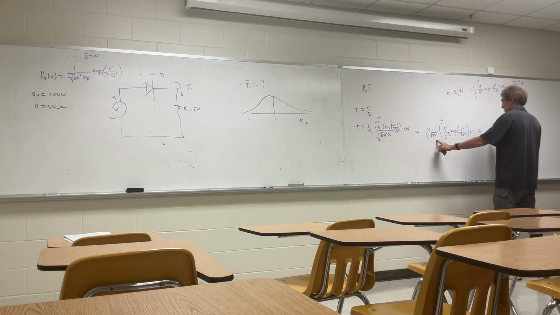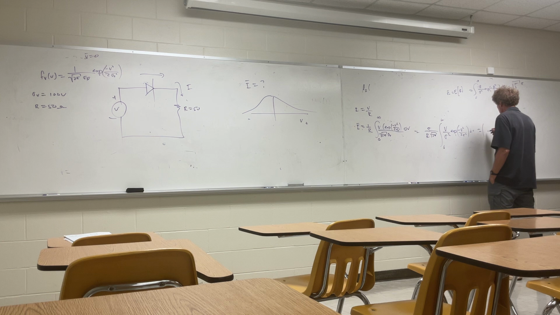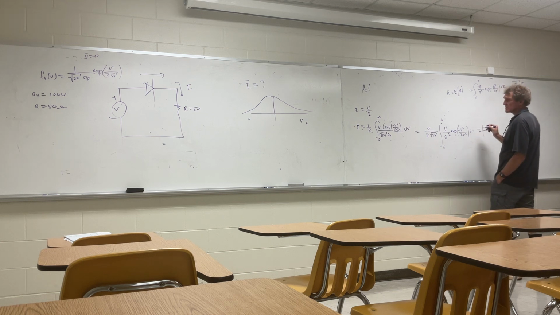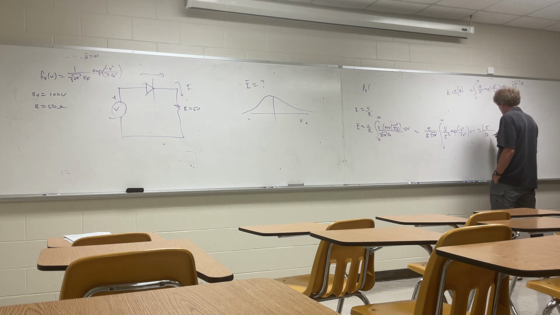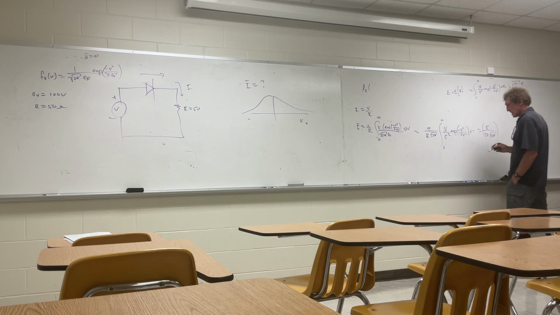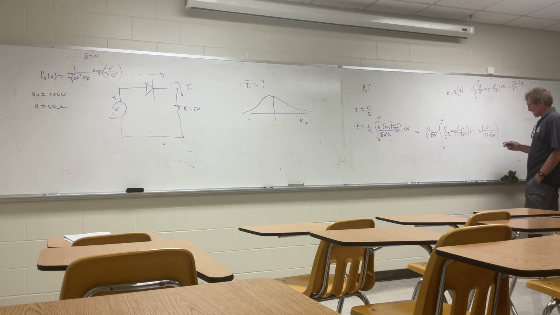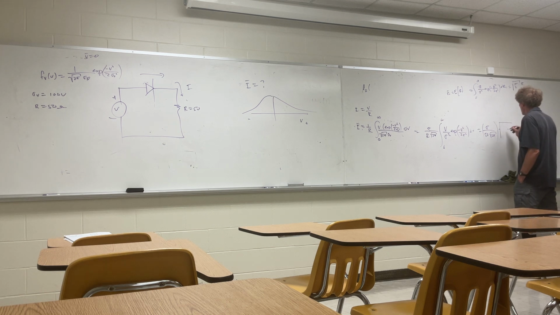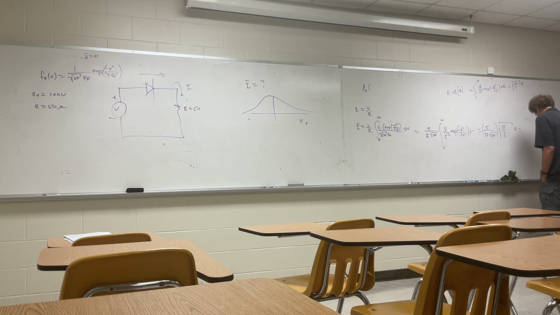So this stuff out in front, I broke out for a reason. I take sigma over the resistance. Is the resistance 50 ohms? Yeah, it is. Over 50 times square root of 2 pi. And then this integration becomes square root of pi over 2 times sigma.